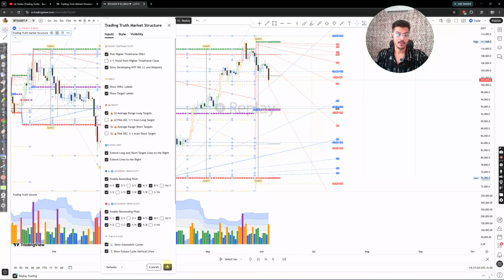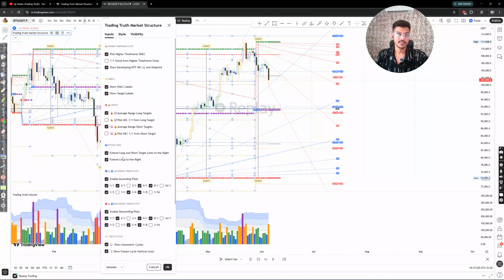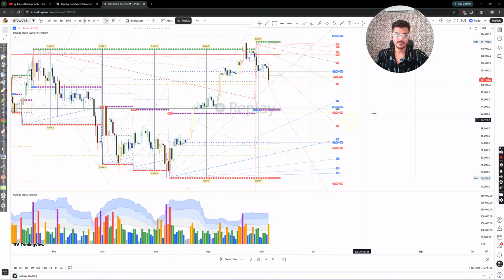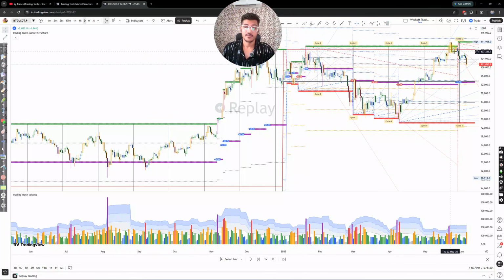Okay, so you can see, right? I can also apply it in any time frame. That's the single biggest feature of this.